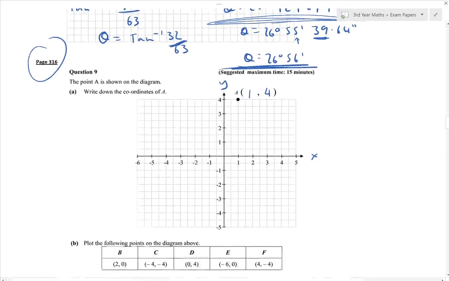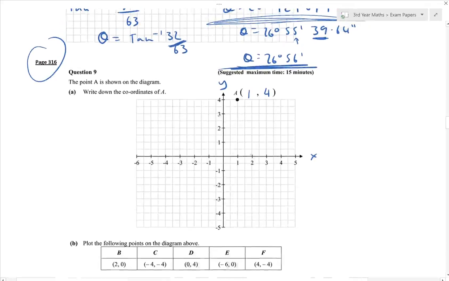So plot 2 on the x-axis and 0 on the y is B. C is minus 4 on the x-axis and minus 4 on the y. D is 0 on the x-axis and 4 on the y.